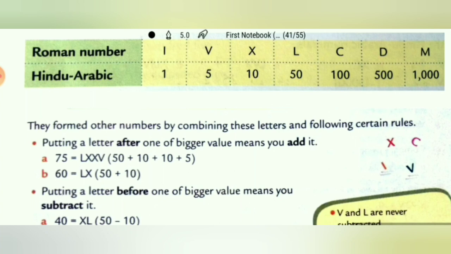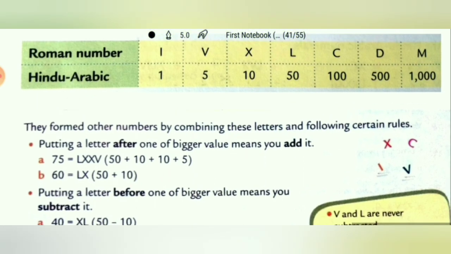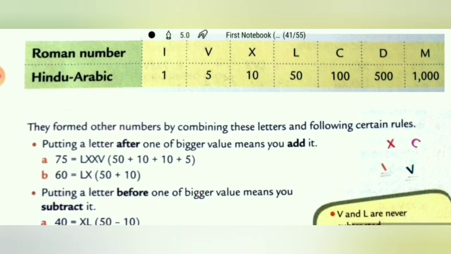Then V means 5. Like this we will write. 60 means 50 plus 10. In this one, if the number is less than 100, we have to use the highest value 50. And if the number is less than 50, we will use X as the highest value.